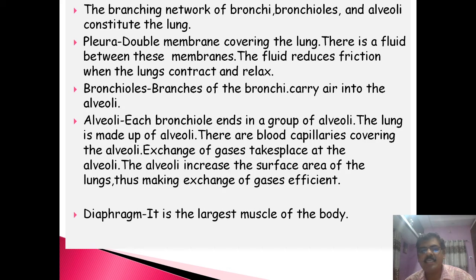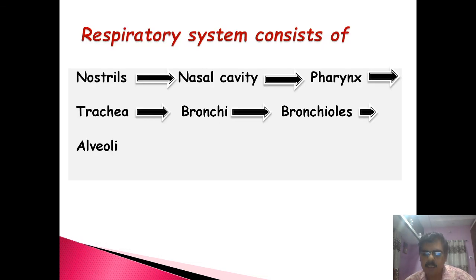Exchange of gases takes place at the alveoli, and the alveoli increase the surface area of the lungs, thus making the exchange of gases efficient. And the last part is the diaphragm. It is the largest muscle of the body which helps in respiration.